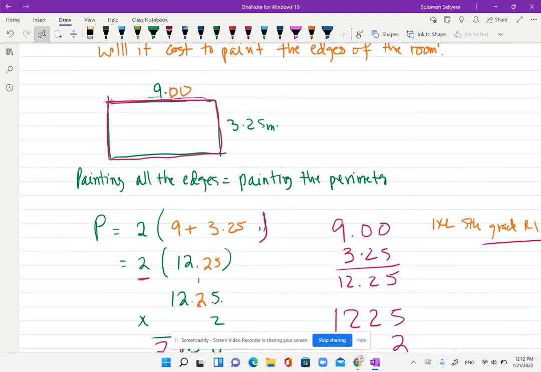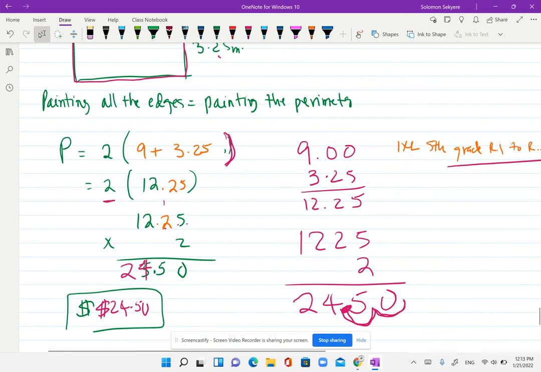We can add 9 to 3.25 and then 9 again and then 3.25. But like we just did in the previous video, another way is 9 plus 3.25 and then multiply by 2. 9 is a whole number, and since the other has two decimal places, I make it 9.00. 9.00 plus 3.25, I add it, 5, 2, I bring my decimal point, 12.25.